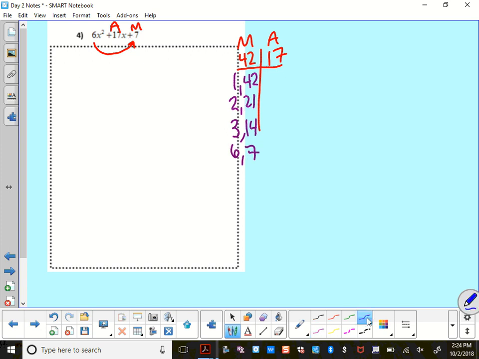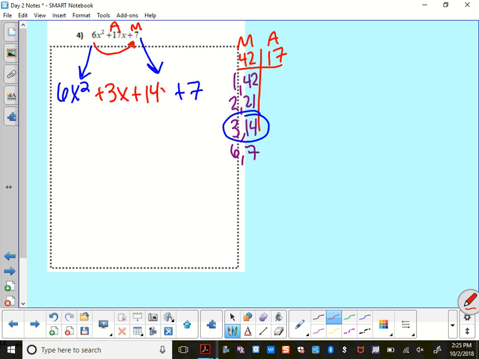Alright, which one of these can add to give me 17? 3 and 14. Okay. We swung it back and we dropped it. So when I swing it back, I get 6x squared and I bring down my plus 7. On the inside, I have plus 3x plus 14x.